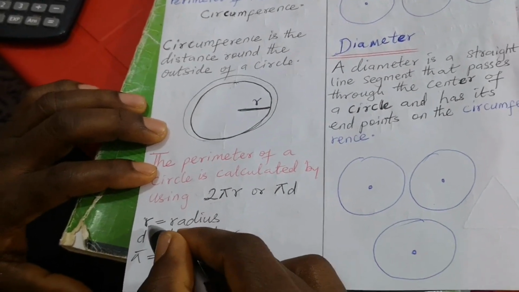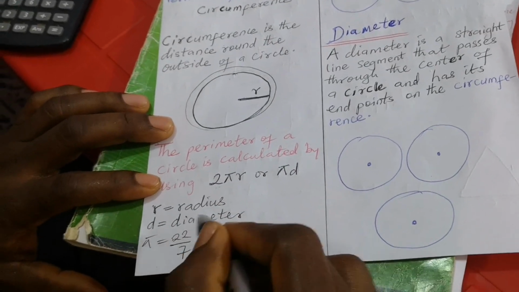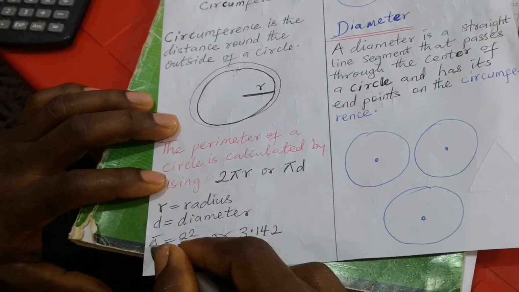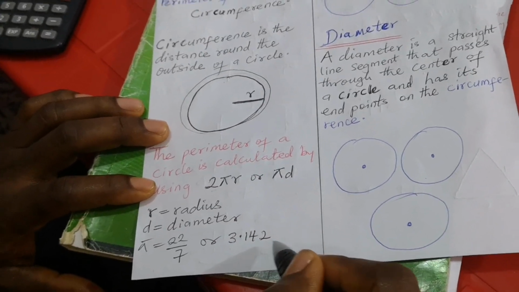Now, r stands for radius, d stands for diameter, and pi is 22 all over 7 or 3.142.